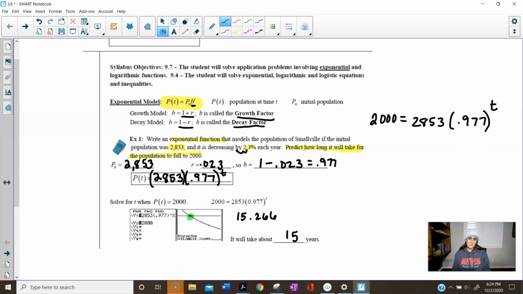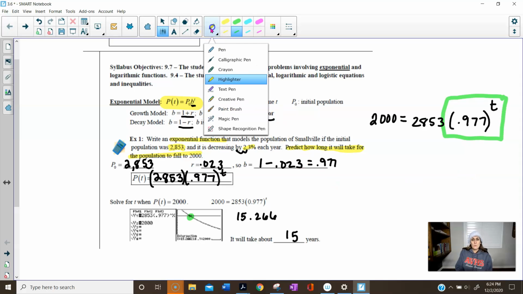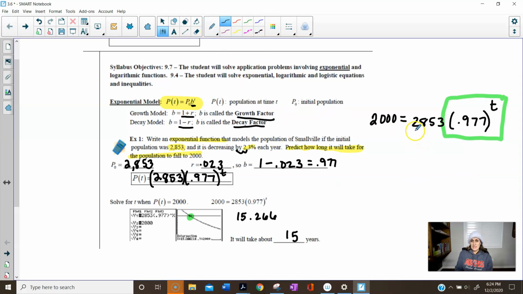And what you would want to do is solve for t. So how you would solve for t, this is really important, is do not multiply these two numbers, because this number is being raised to an exponent. In order of operations, we do exponents before multiplication. So what you're going to do instead is divide the 2,853 over here to the other side.